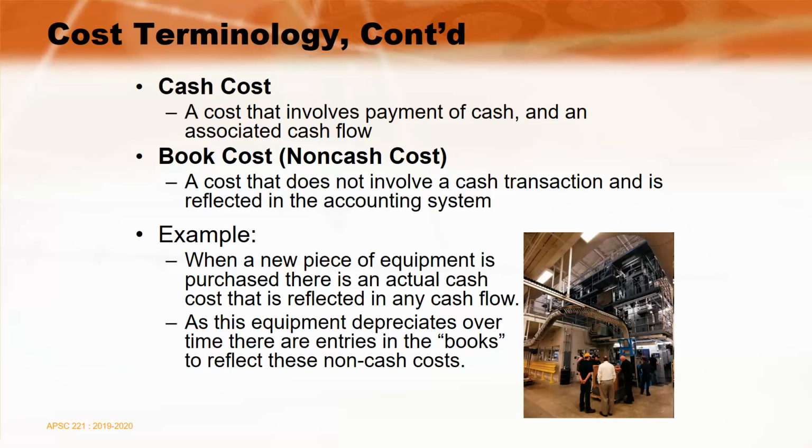So as things wear out, you can deduct some value from the books that identify how much the equipment has depreciated. But you never actually pay that to anyone. It's not an actual cost that you send an electronic funds transfer to anyone. You don't send the money to the government. You don't pay it out of your bank account. It is a cost, though, and it is a legitimate accounting cost. And so it would be a non-cash cost that shows up on the books.